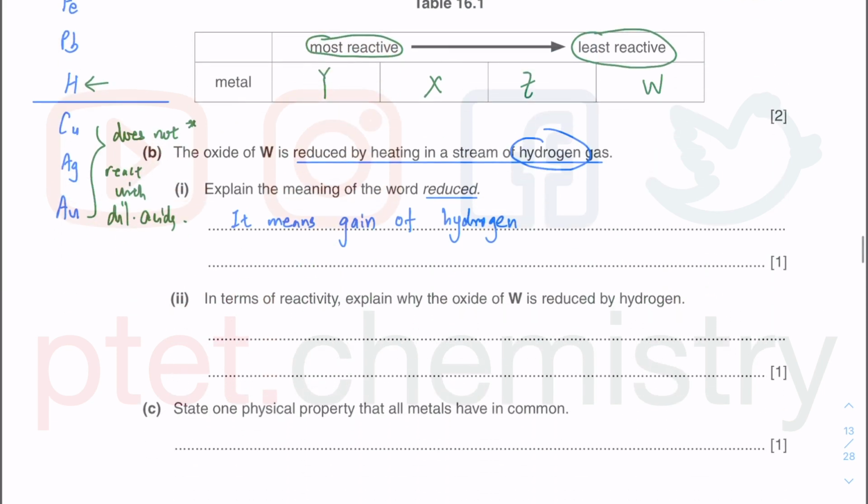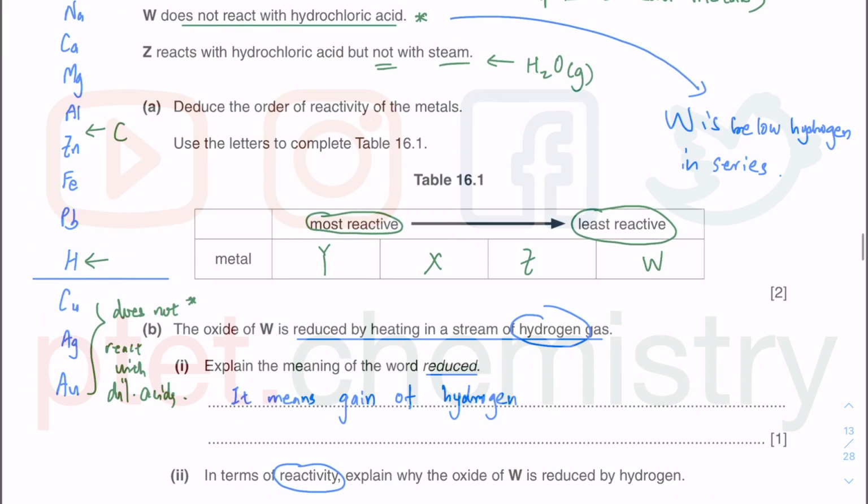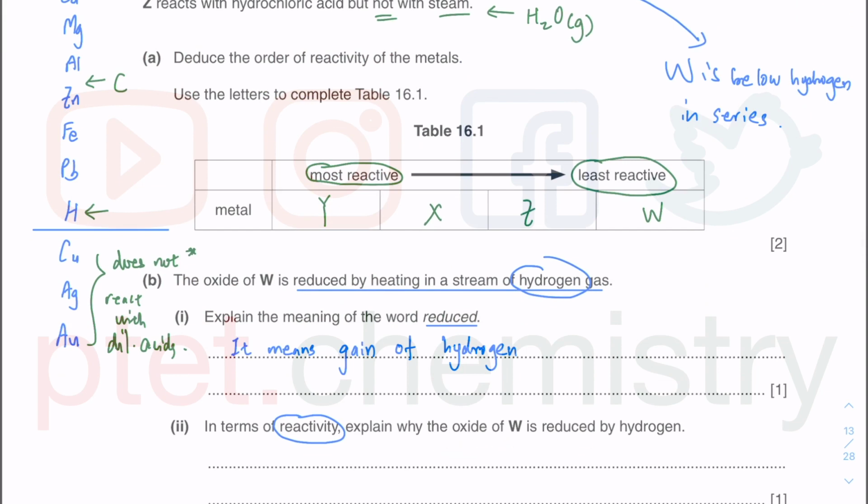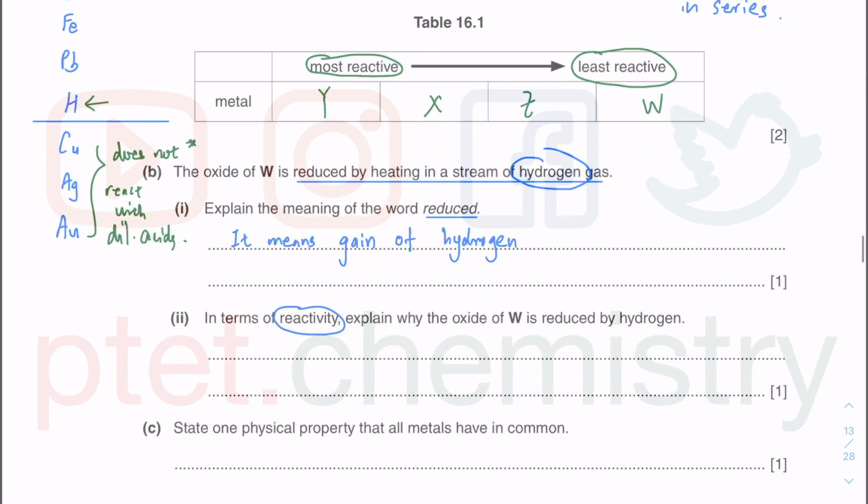In terms of reactivity, as I mentioned, because these metals are below hydrogen, they do not react with acid, but you can get the metal by reacting their oxides or any of their salts with hydrogen gas, because these metals are below hydrogen in the reactivity series, and therefore we can do reduction with hydrogen. So W is below hydrogen in the metal reactivity series.